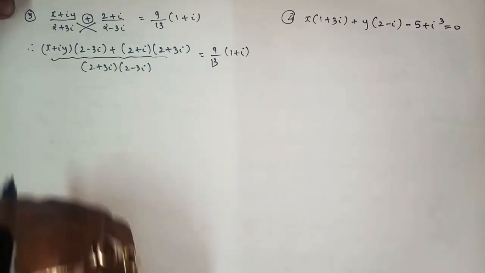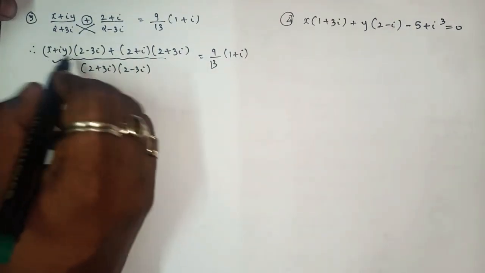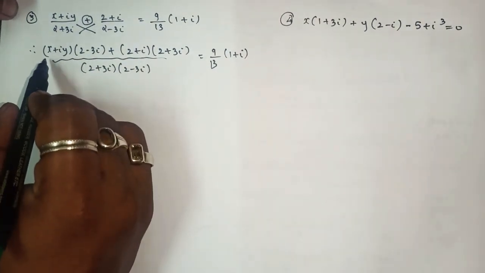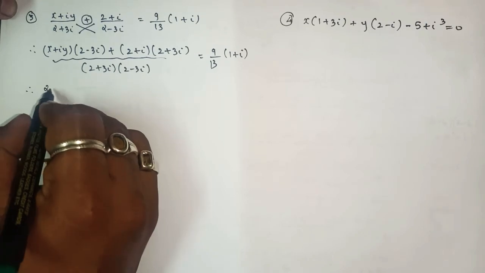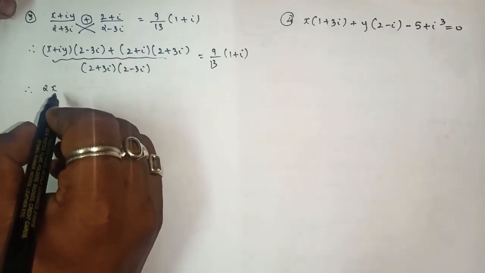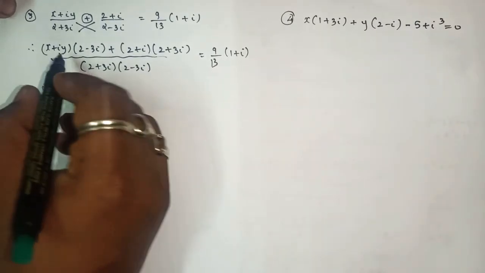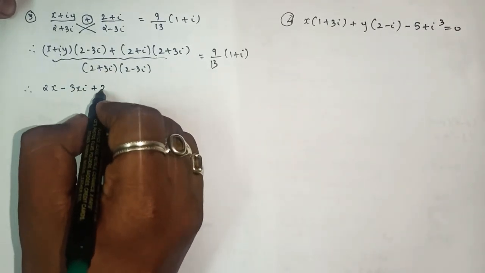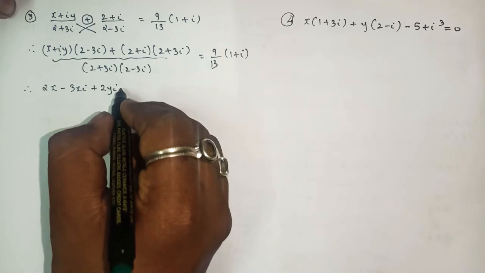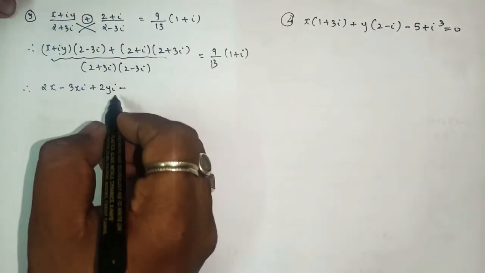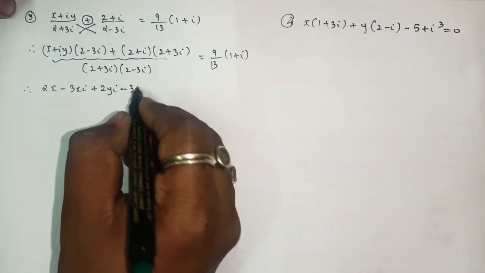Now after this I can expand the bracket, first with x, so this will be 2x minus 3xi, then with plus i, 2yi, plus minus minus, and this will be 3i square y.